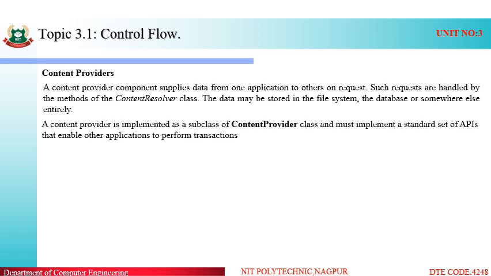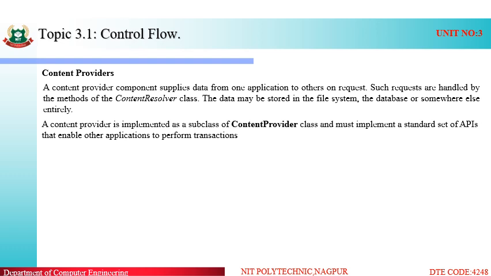Next one is the content provider. A content provider component supplies data from one application to others on request. It handles all the data related operations internally inside the application as well as with other applications. Such requests are handled by the ContentResolver class.